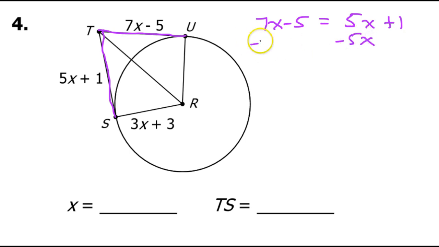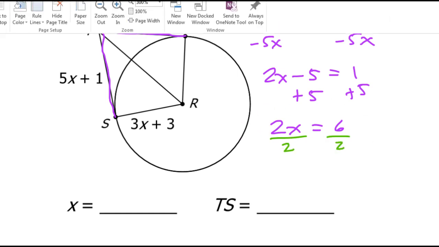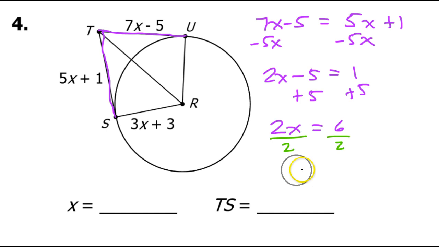Subtracting 5x from both sides, we have 2x minus 5 is equal to 1. Then we will add 5 to both sides, and that gives 2x is equal to 6. Then we would divide both sides by 2, and we have x is equal to 3.